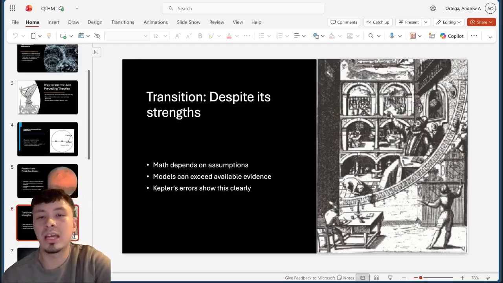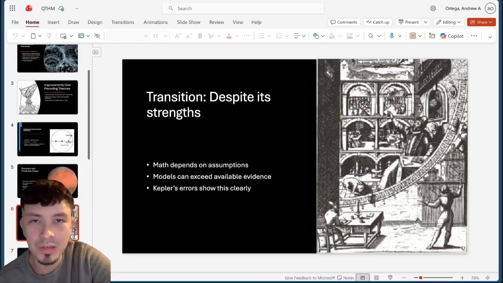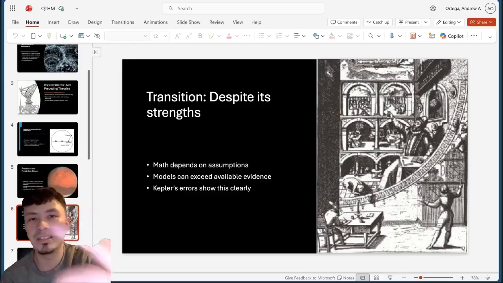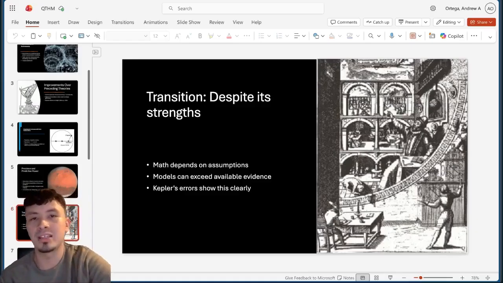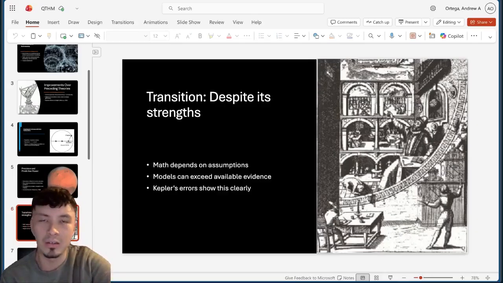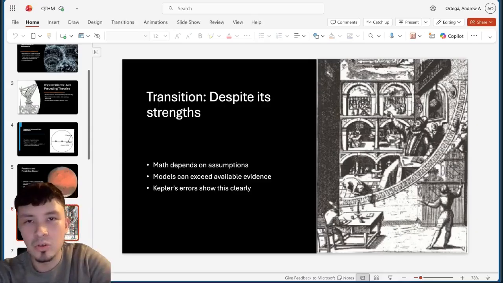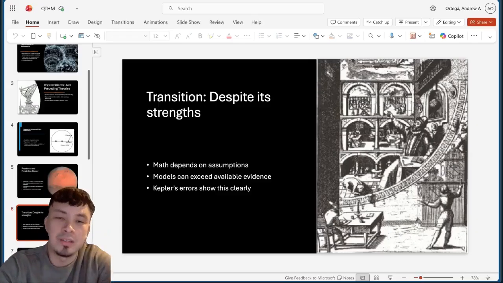The models often depend on idealized assumptions, even in Kepler's own work, which demonstrated certain contained errors due to the limitations that math has on astronomy and the measurements, for example, and the absence of later physical insights that you need for mathematics in order to prove a statement. For example, insights like gravity, right?